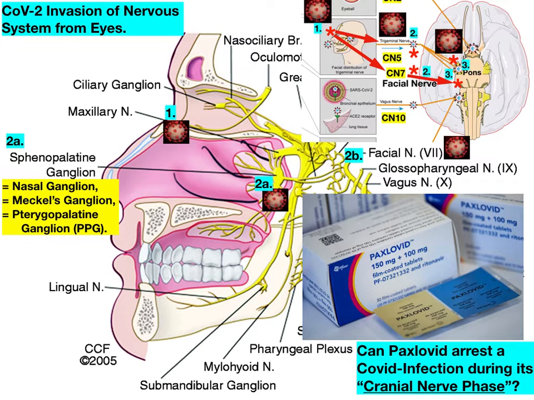For instance, how could Paxlovid be expected to eliminate CoV-2 infections within nerve compartments? How could Paxlovid be expected to block the transmission of infection to the brainstem?